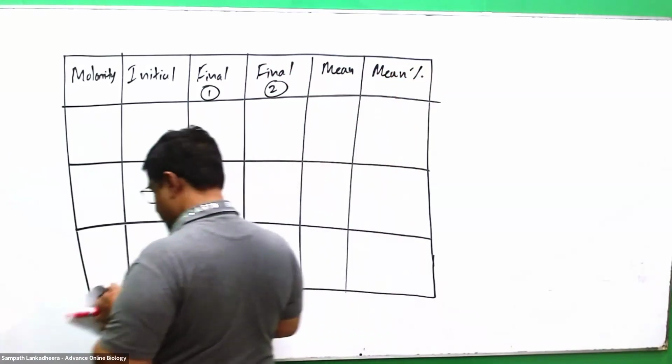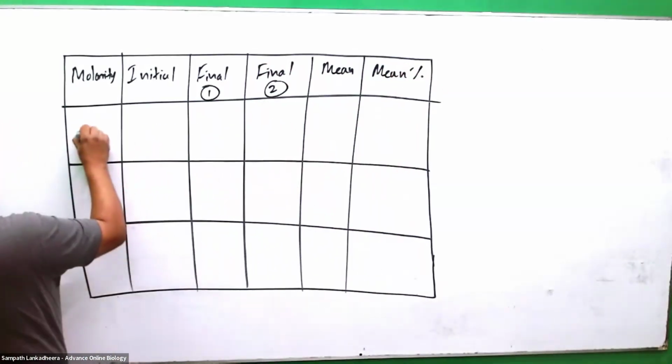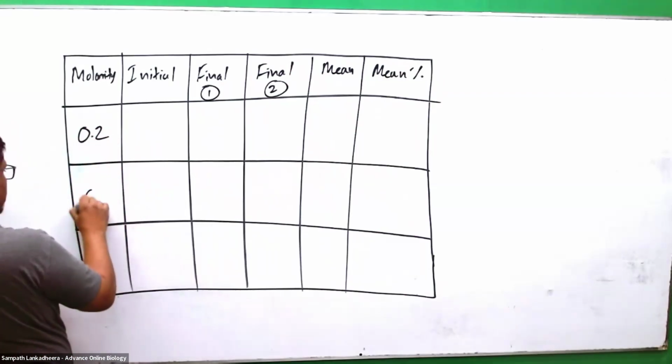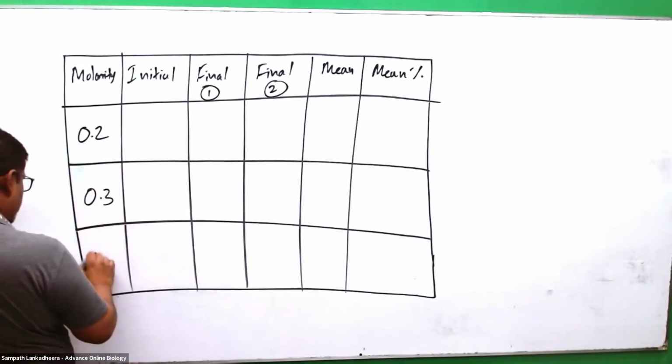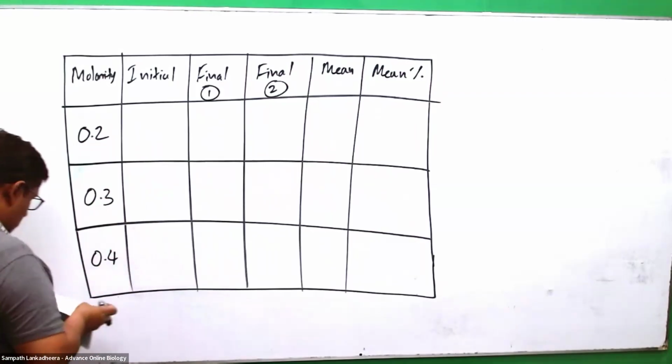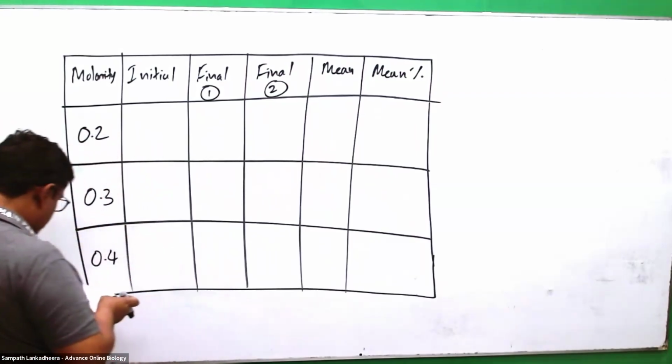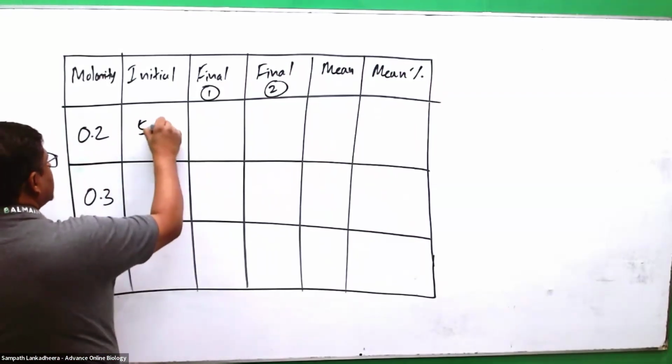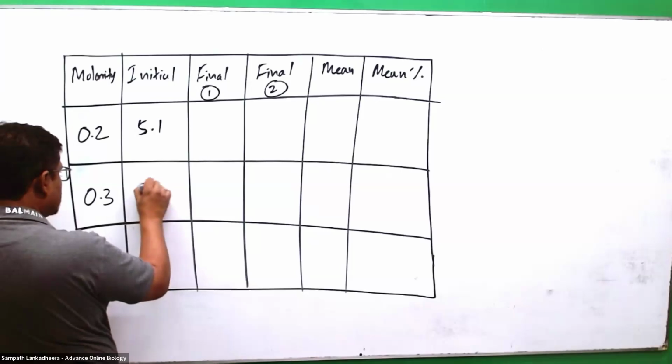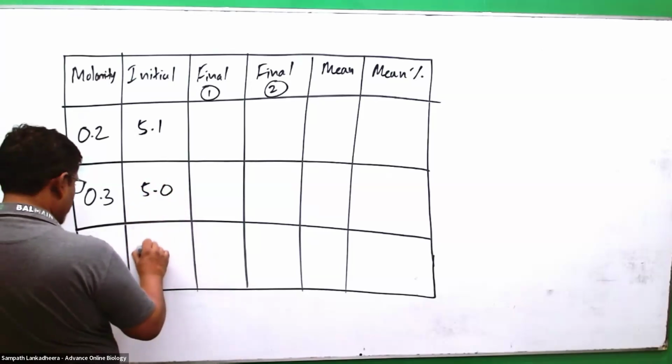The concentrations are 0.2, 0.3, 0.4. Initial lengths are 5.1, 5.0, 4.9.